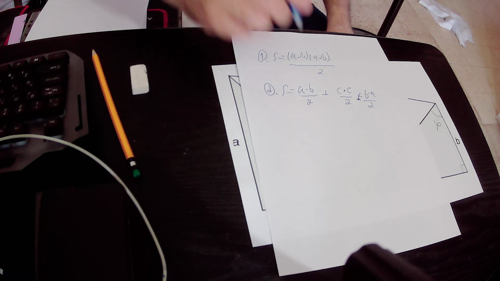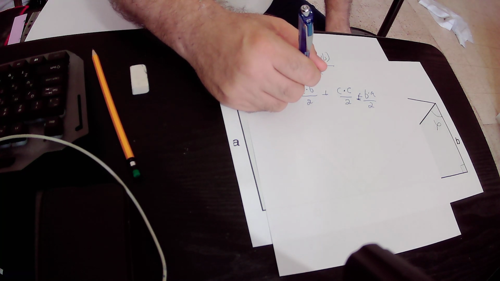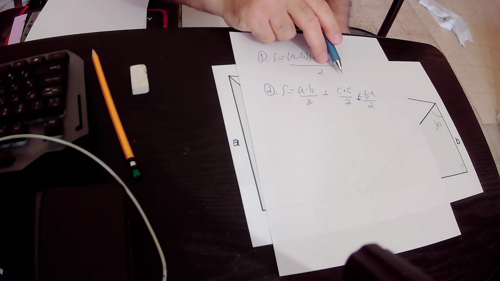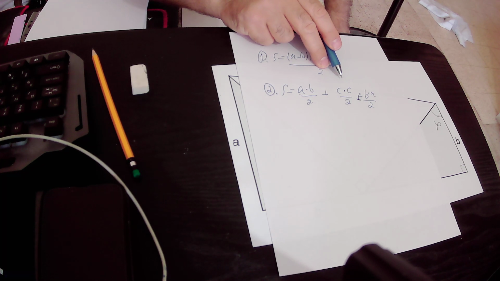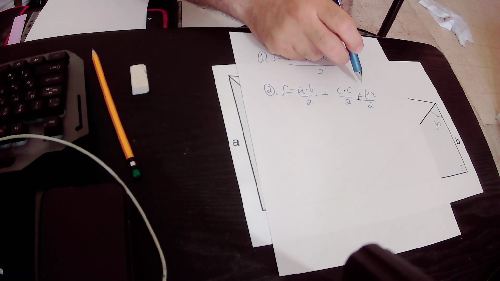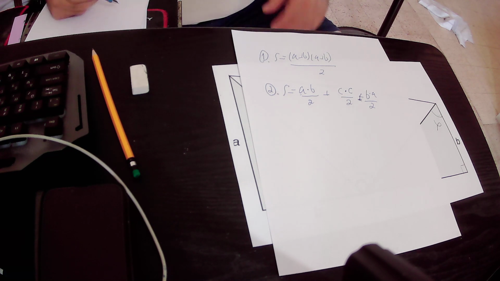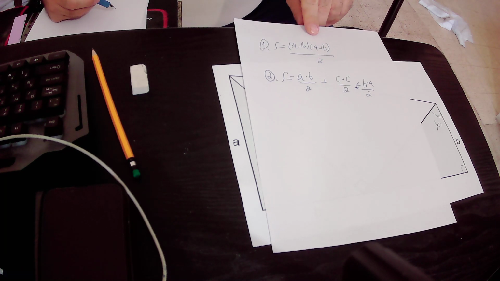It is the area of the right triangle, that is A times B divided by 2, plus the area of the middle triangle, that is C squared divided by 2, plus the area of the left triangle, that is B times A divided by 2. Okay?